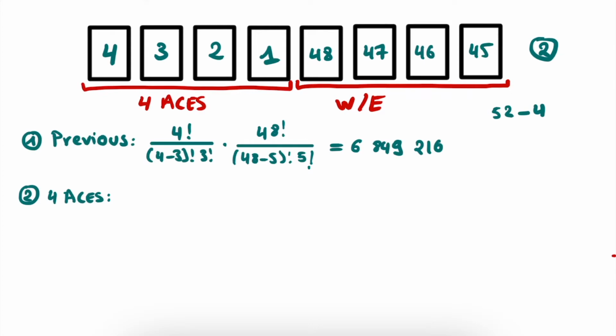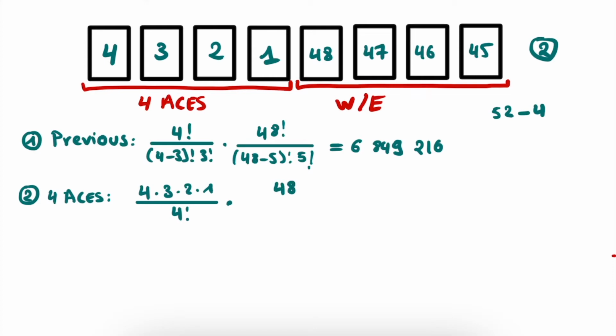And from all of these choices for these different cards, we can directly write down the number of combinations. For the first subproblem, we have 4 times 3 times 2 times 1, divided of course by 4 factorial, which is the number of ways in which we can swap these 4 cards around. And we multiply this by the second problem, which we now directly write into its general form.